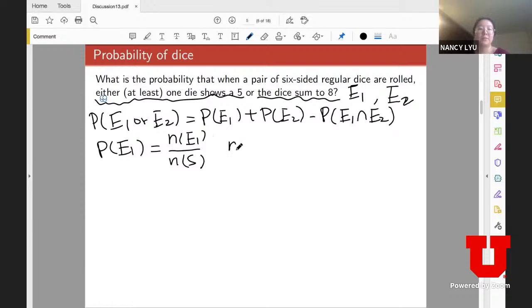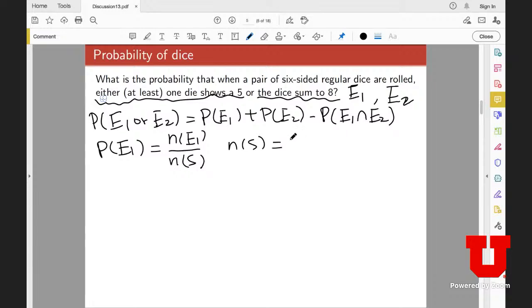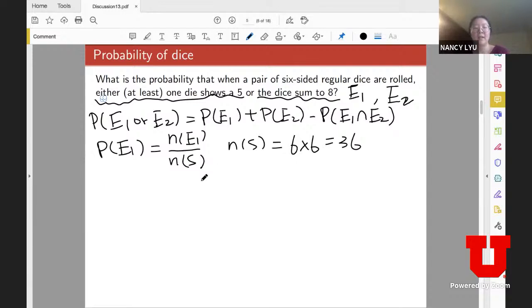In this case, what's going to be our sample space? If a pair of 6-sided regular dice are rolled. 36. And how did you get that? 6 times 6. Yep, and that's your sample space.